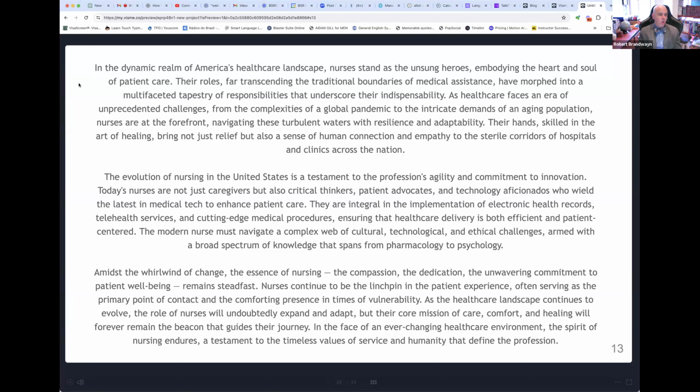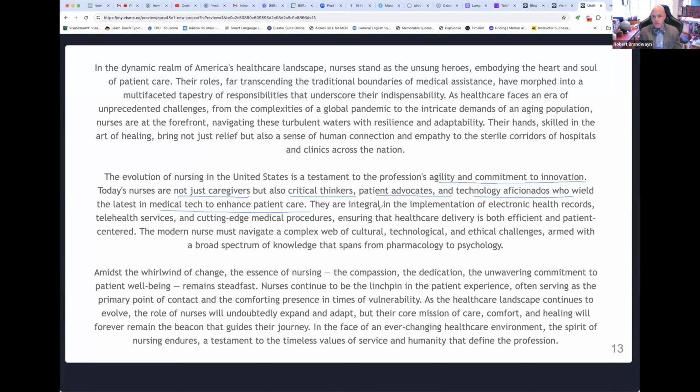Now, Clara Trejo wrote, is the nurse's role important in forming an interdisciplinary healthcare team? You cannot find the answer here directly. They don't really talk about an interdisciplinary healthcare team, but it says commitment to innovation. For example, they are not just caregivers, but also critical thinkers, advocates, technology aficionados.